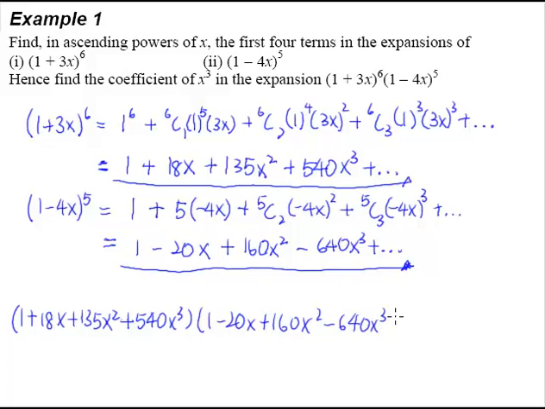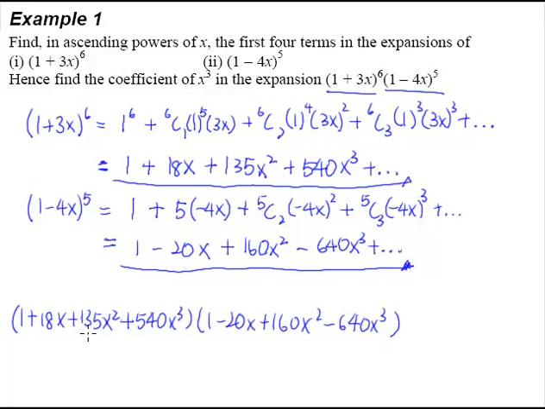Now we can forget about the dot dot dot behind, because what we're interested in is only the x cubed term. So when we have this expansion multiplied with this expansion, what it means is that this entire expansion is multiplied with this entire expansion. But what we are interested in is not the entire product. We are only interested in the term with x cubed.